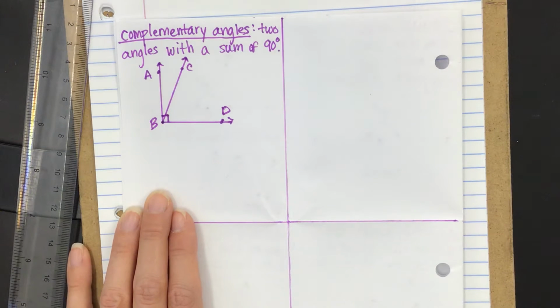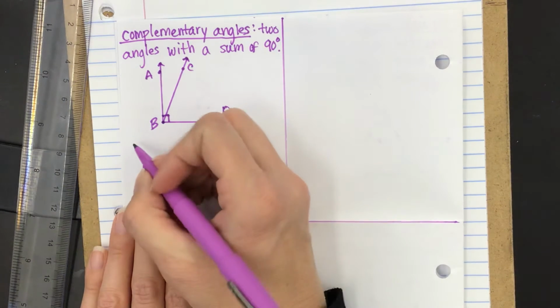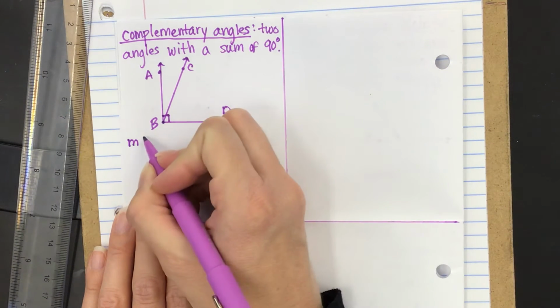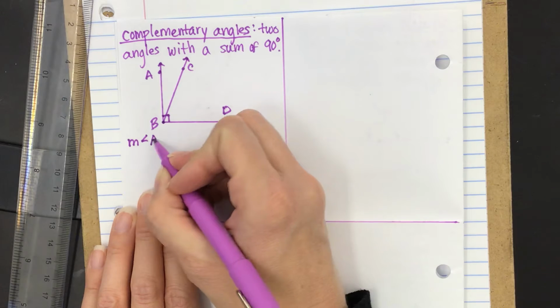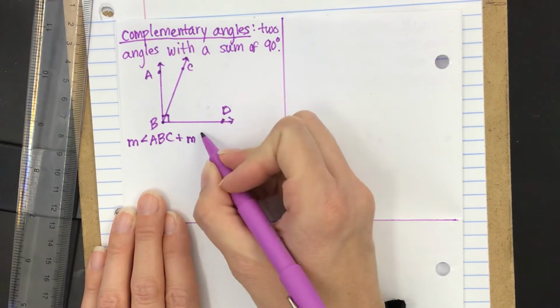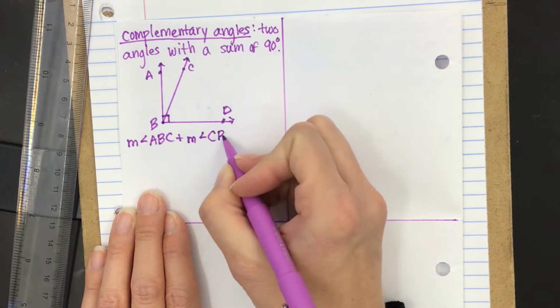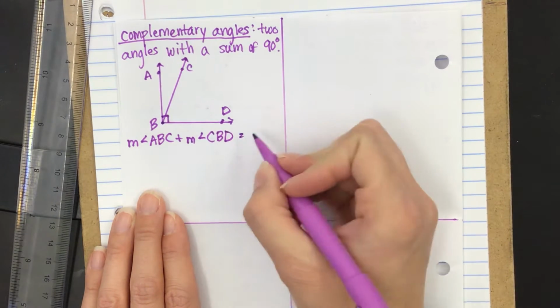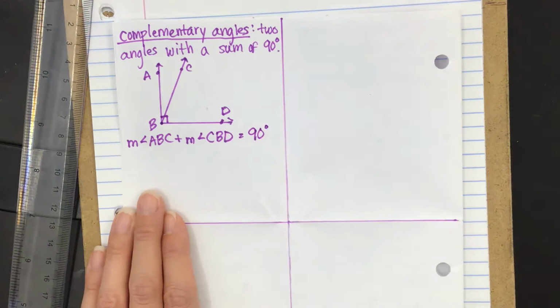So those are complementary angles. They add to 90 degrees. Okay, so I'm going to write the formal statement here. The measure of angle ABC plus the measure of angle CBD is equal to 90 degrees.